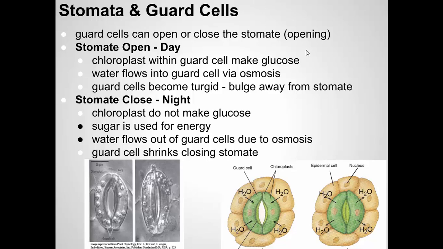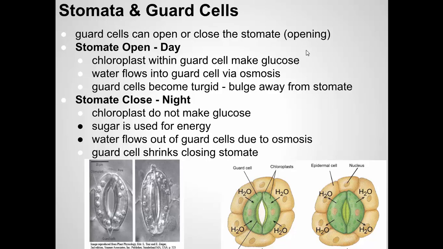The way that the guard cells open and close is based on osmosis. In the daytime, these guard cells have lots of chloroplasts in them. So therefore, they make glucose. That leads to them being hypertonic, water flows into them, causing them to swell open and keeping that space open.